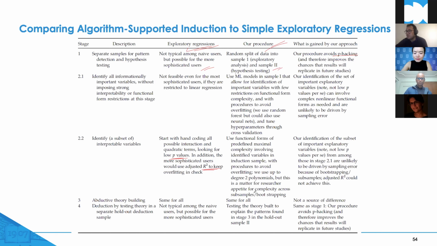On the other hand, what we look for is robust patterns across different subsamples and across different bootstrap samples. We are not looking for statistical inference, but for robust associations between different variables and the outcome. That is why our process is different from typical exploratory regression. So I just wanted to give that message.